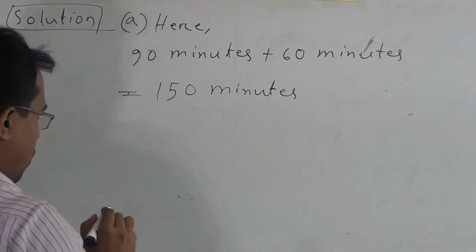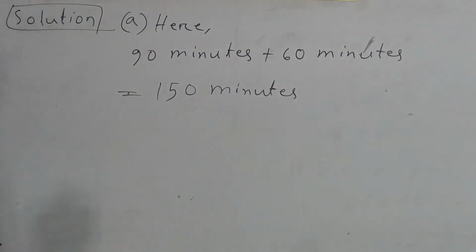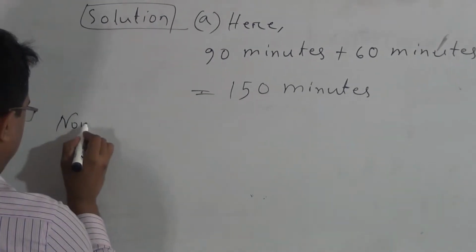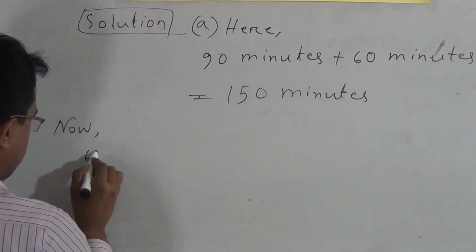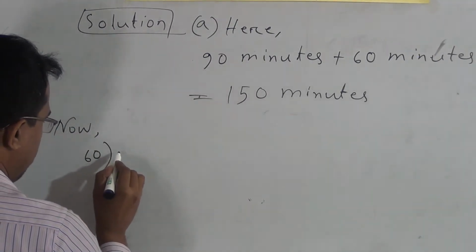Now we know that 60 minutes is equal to 1 hour. So we have to convert these 150 minutes to hours. If we divide 150 by 60, then the quotient will be hours and the remainder will be minutes. Now we have to divide 150 by 60.